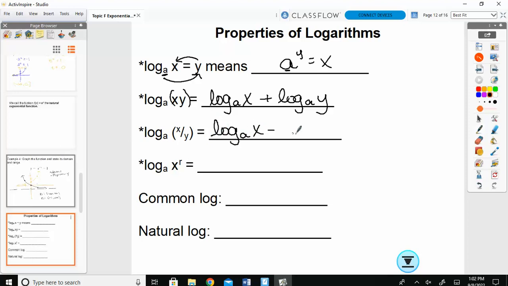Log of the top minus log of the bottom. If you have an exponent in front, what do you do with that? If you have an exponent, where do you put that? It turns into the coefficient.